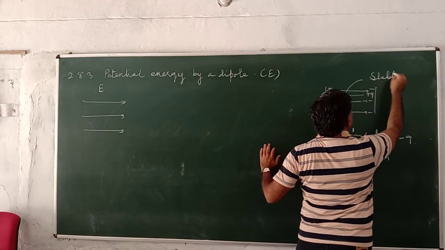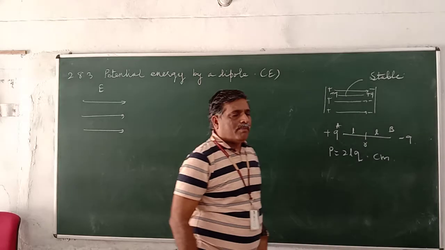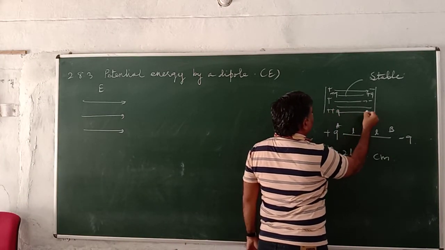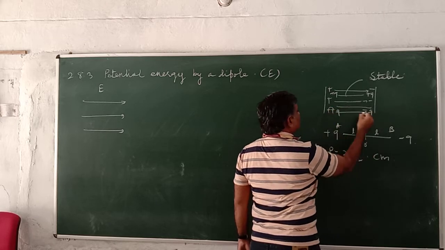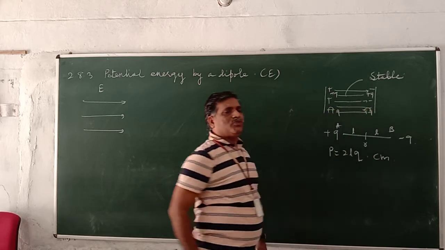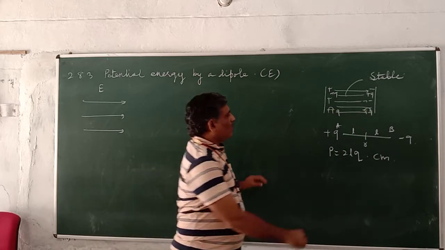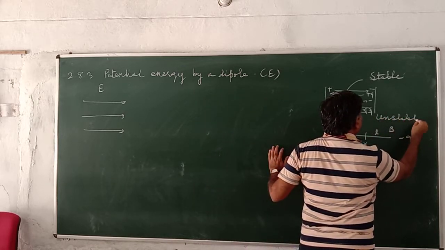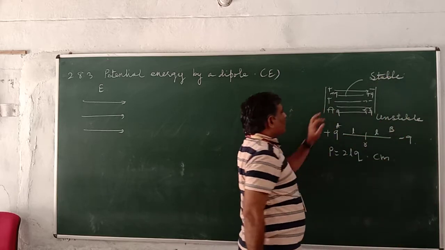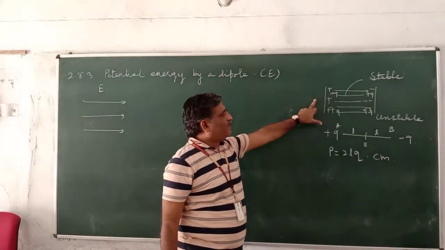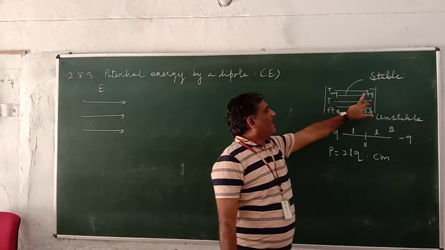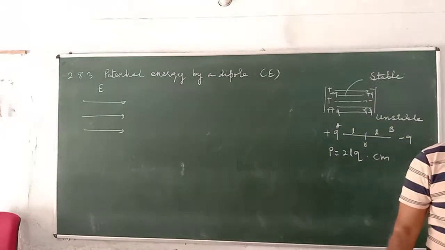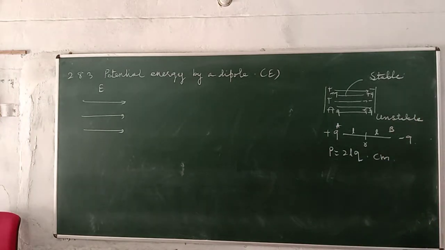But if dipole is placed in this way, plus Q charge here and minus Q charge here, this plus and plus will repel. So it is called unstable equilibrium. Whenever it is a stable equilibrium, minus charge is towards positive plate and plus charge is towards minus plate.